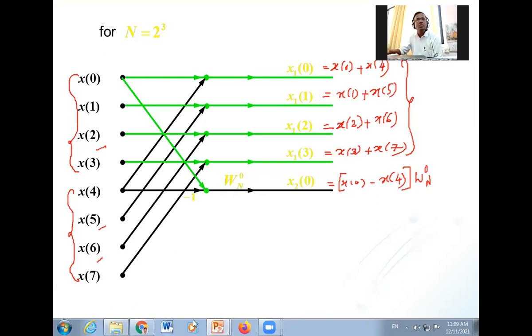So for the second half part, we are calculating x of 0 minus x of 4 multiplied with wn 0.